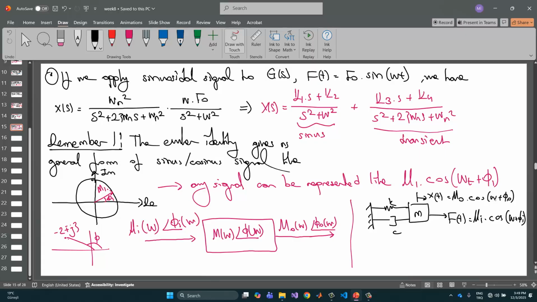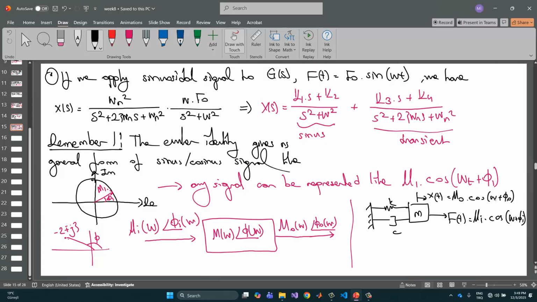We should draw the Bode diagram, the Bode plot. Do you get it right now? For each frequency component of the input signal, we should draw a plot. Frequency 1, 2, 3, 4, 5, and in each case we have the system with a specific amplitude and phase degree, which is called the Bode plot.